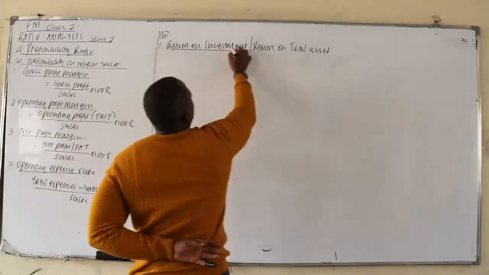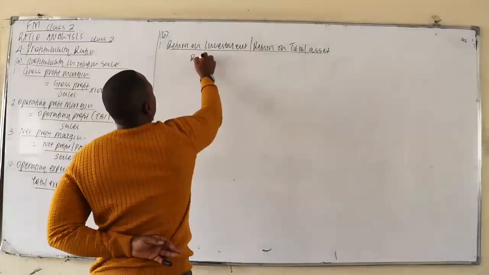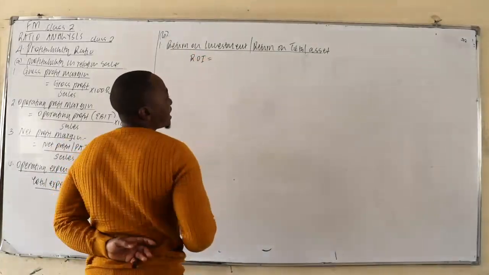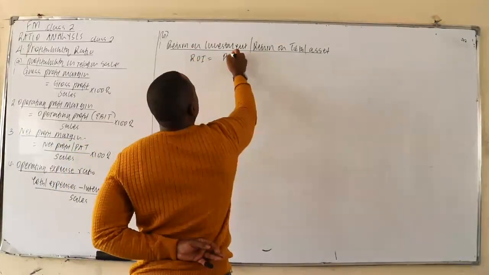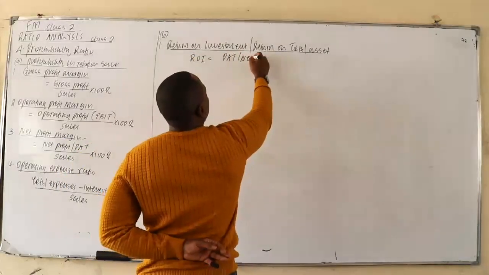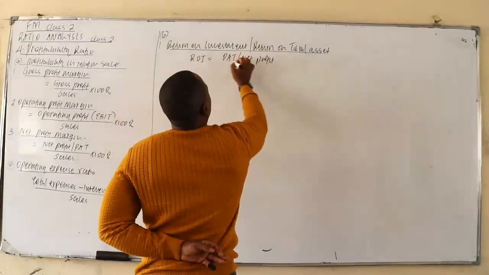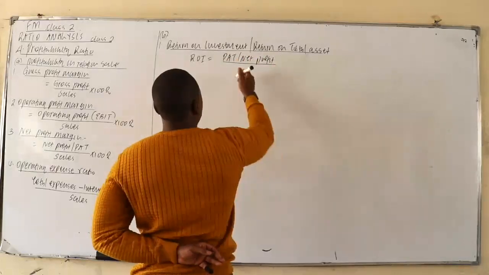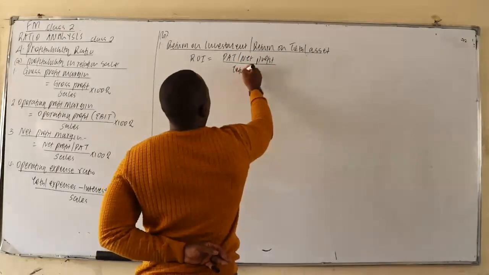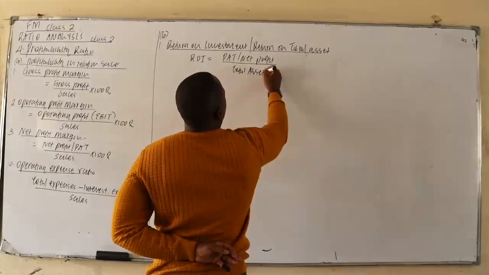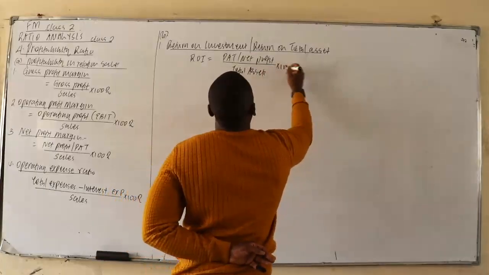So how do we get the return on investment? To get the return on investment, you take the net profit or the profit after tax, so this is the net profit from a project. Then you divide by the total assets times 100%.